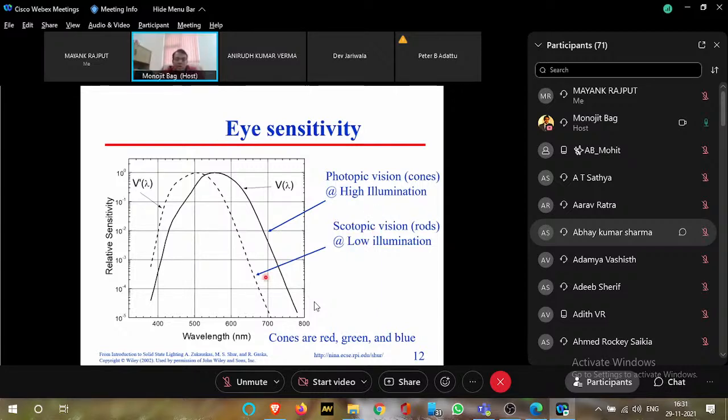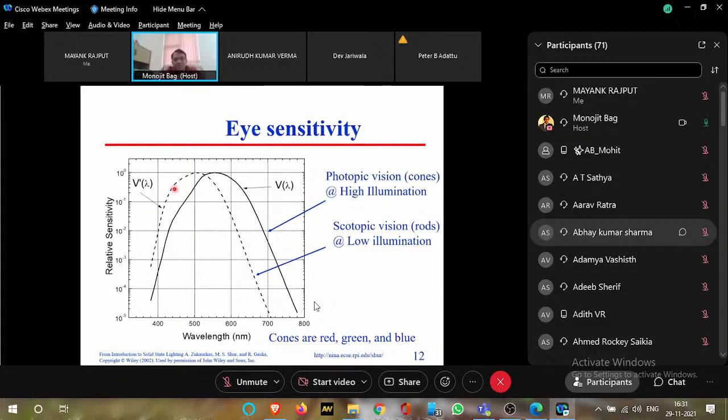Then when you go to low light intensity, that is known as scotopic vision. Scotopic vision is basically when the illumination intensity is very low, we do not perceive the color of the object. We can see that some object is there, it could be more like a gray color, and generally we don't see the depth perception as well.